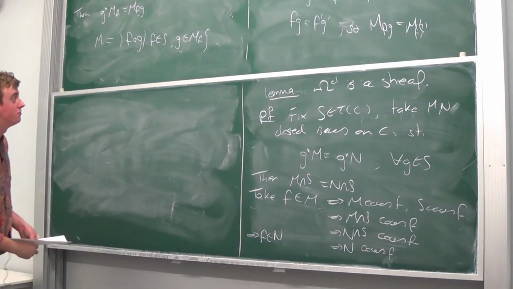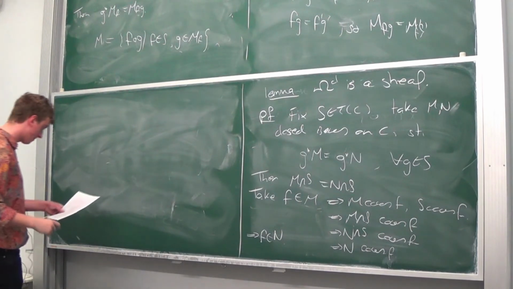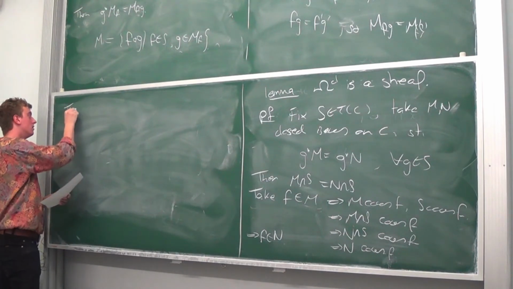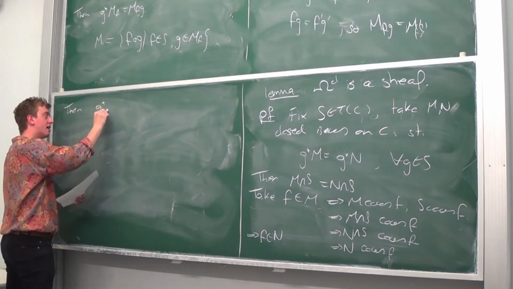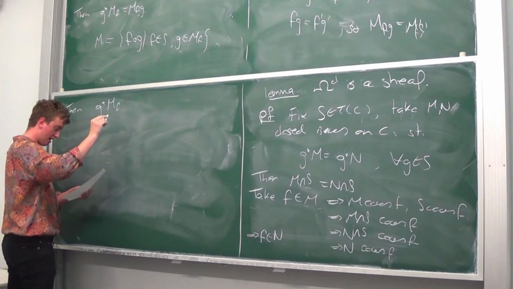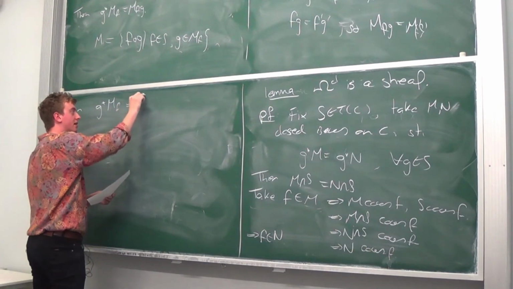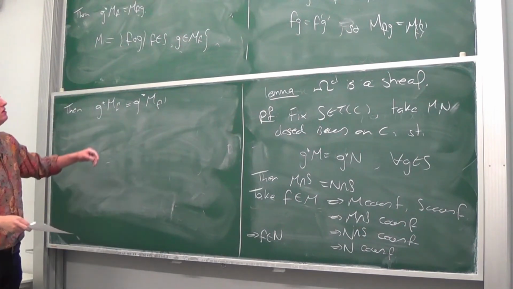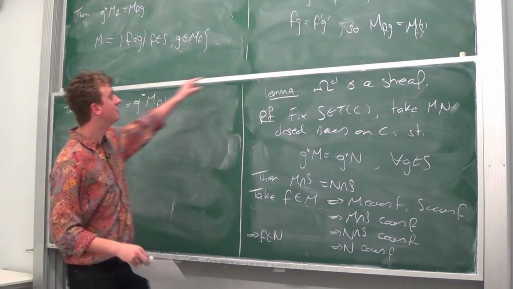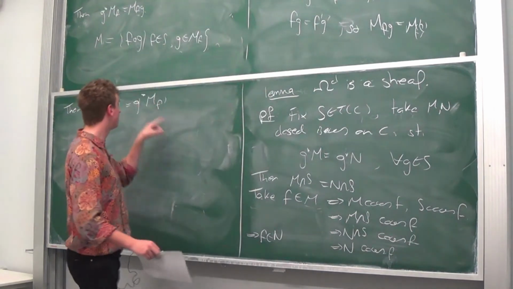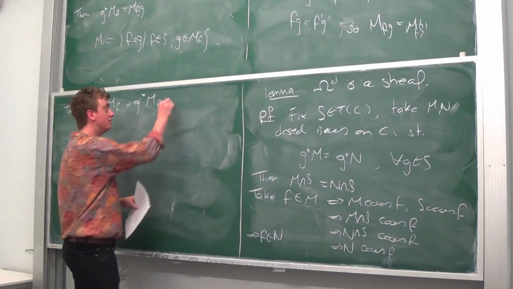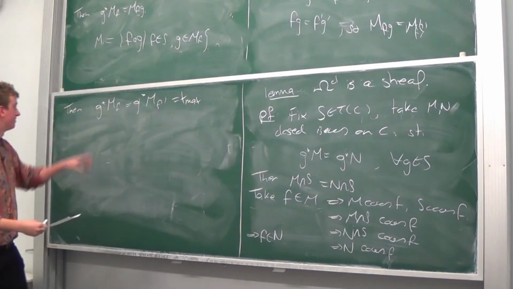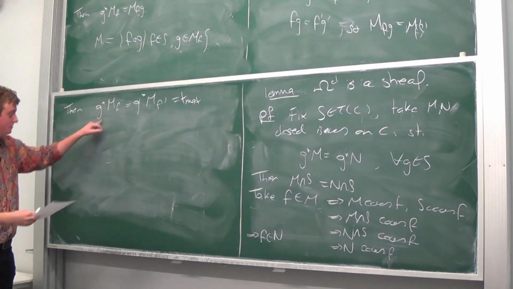Okay, so now we just need to use some algebra. So by definition, this means that g star of M_f is equal to g prime star of M_f prime. But then we took g prime to be in M_f prime to start off with. This right-hand sieve is actually a maximal sieve, which means the left-hand side is also a maximal sieve.